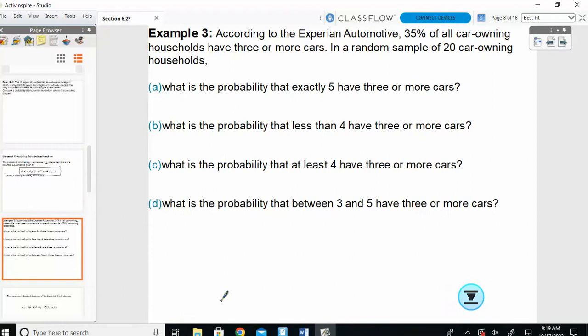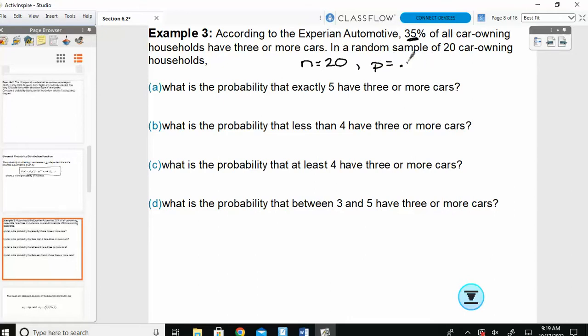Okay, so we're just going to calculate some probabilities. According to Experian Automotive, 35% of all car-owning households have 3 or more cars. We have a random sample of 20 car-owning households. So N is 20. That's the number of trials I'm looking at. We are finding the probability that they have 3 or more cars.